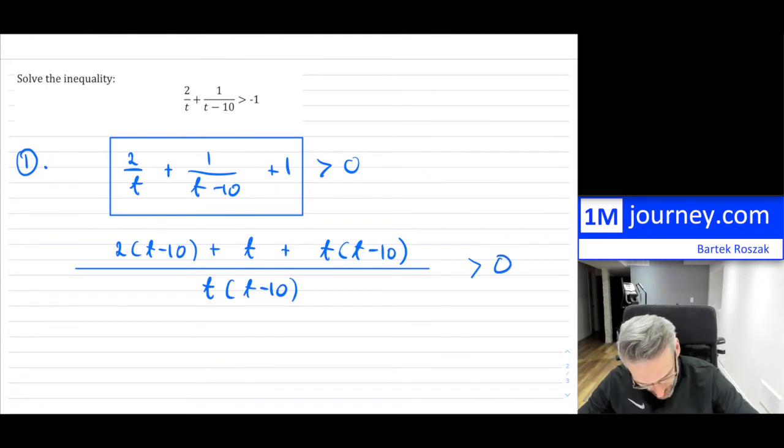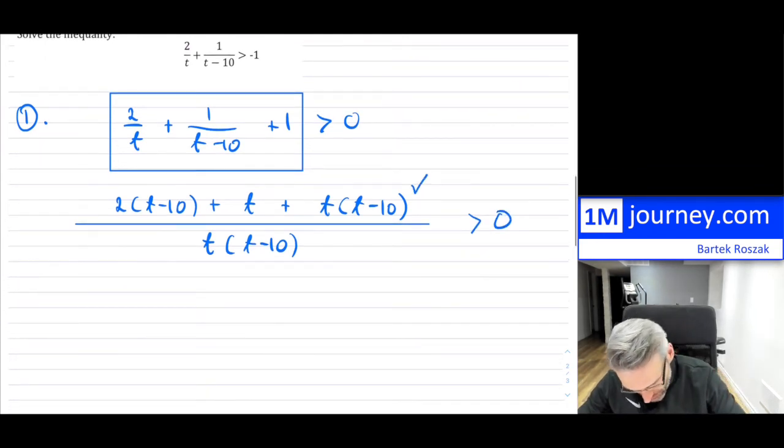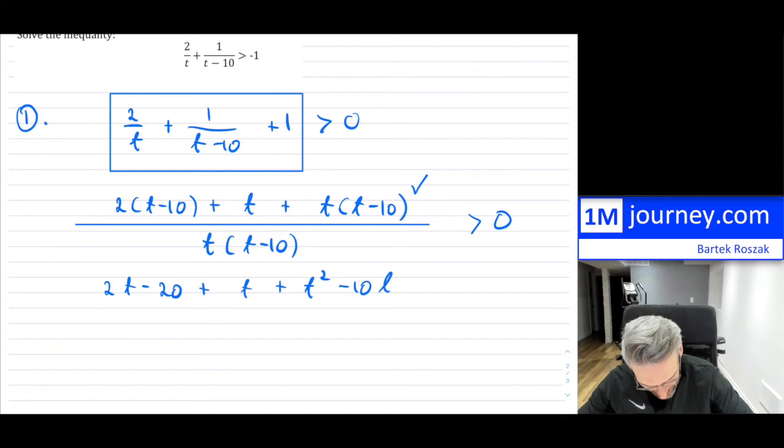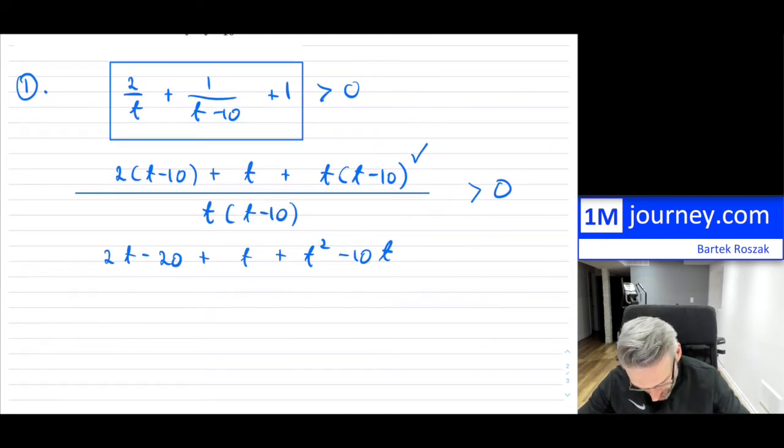Now, playing around with this, let's simplify that. So 2t minus 20, plus t squared minus 10t. I'm just working with the numerator, so let me simplify that one.